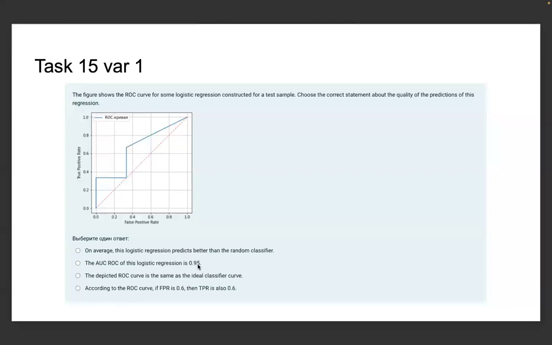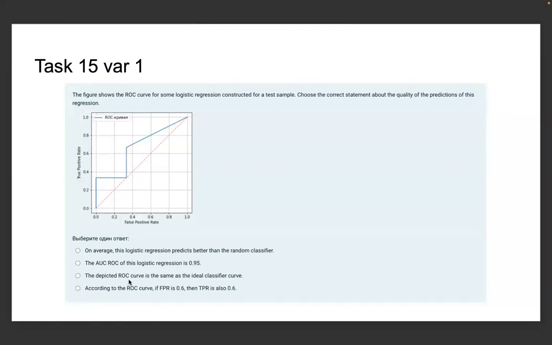So if we have this value 0.95, we can understand that the square upper than our line is much bigger than 0.05. For example, the square of this part, like from 0.4 to 0.3, is 0.12. So this answer is not correct.